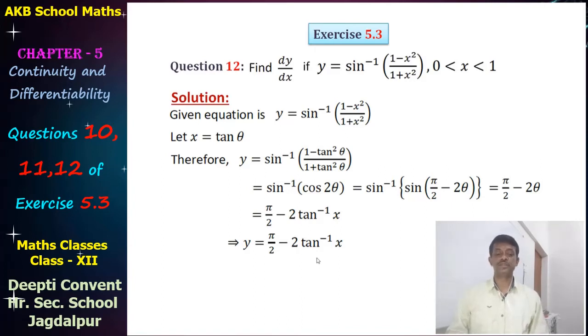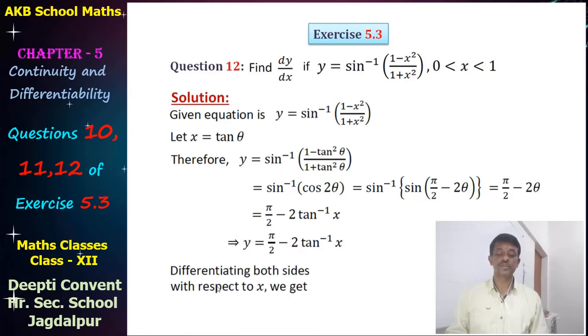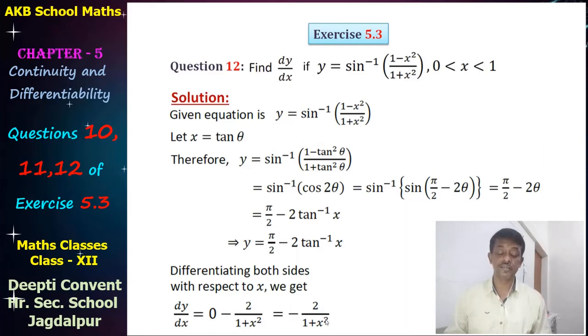Now differentiate both sides with respect to x for finding dy by dx. Differentiating both sides with respect to x, we get dy by dx on the left side, and on the right side pi by 2 is a constant, so 0. Now minus 2 tan inverse x gives 1 upon 1 plus x square, that is dy by dx equals minus 2 by 1 plus x square. This is the value of the derivative.